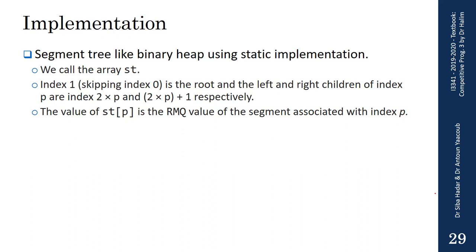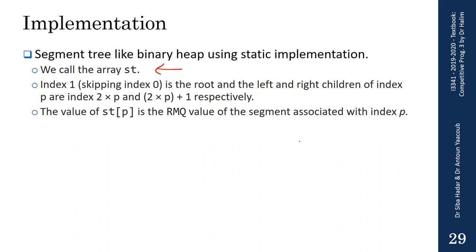It's like the heap that we have seen in the data structures course last year. A heap can be represented by an array, and we know how to move to the children, so we'll recall it here. We have an array called st for segment tree. Index 0 will be skipped, so we start from index 1.